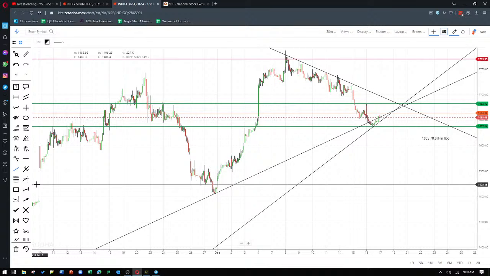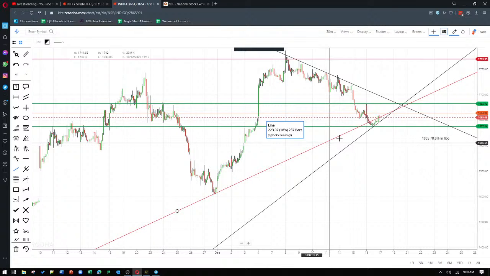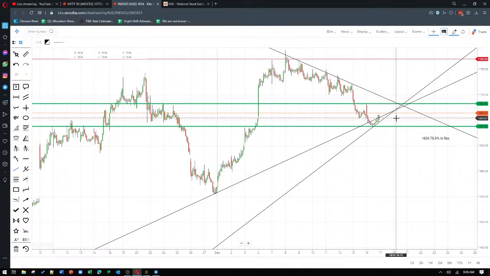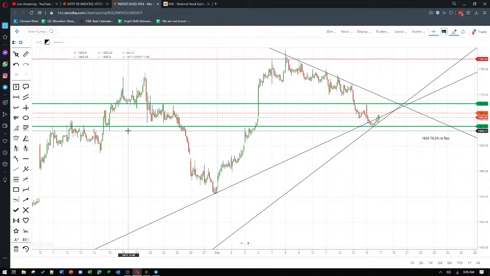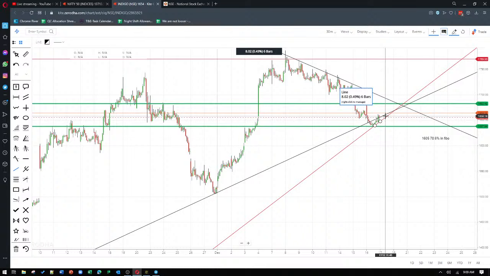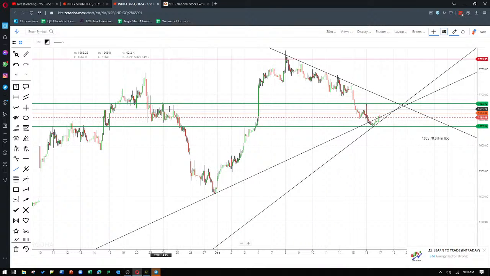Now horizontally, is there any support? This 1640 is the mark that I was discussing yesterday. That is the target I kept yesterday, and it did reach yesterday. So if it is going up, again this area becomes kind of strong, isn't it?